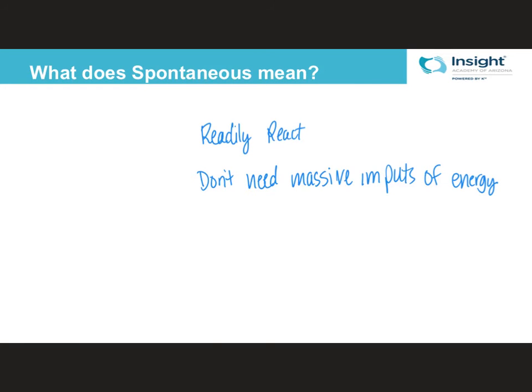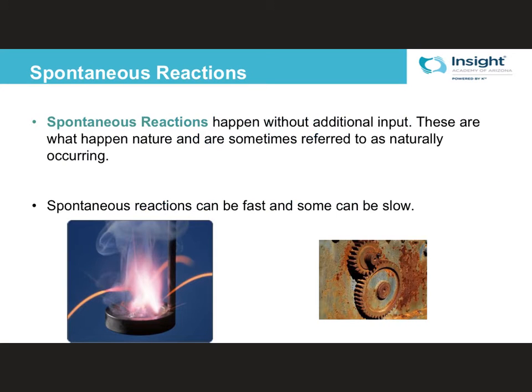Really, what spontaneous reactions mean is they just occur naturally. They happen on their own. We don't have to do anything to get them going. As long as you put the chemicals together, they'll react.